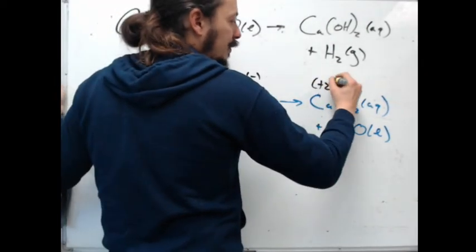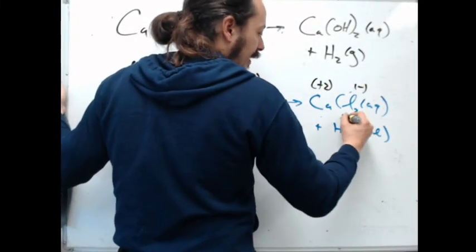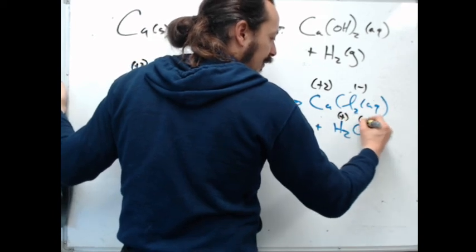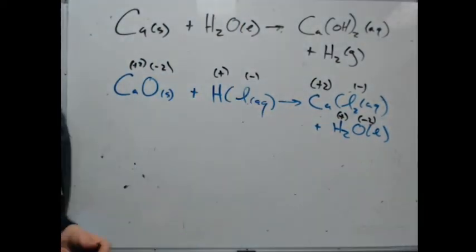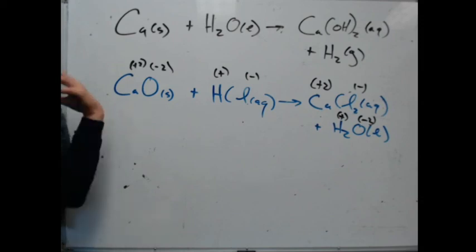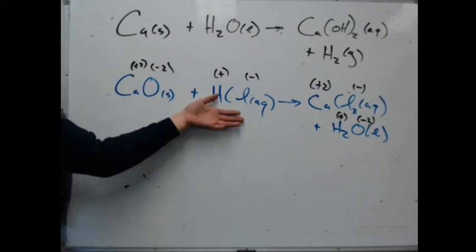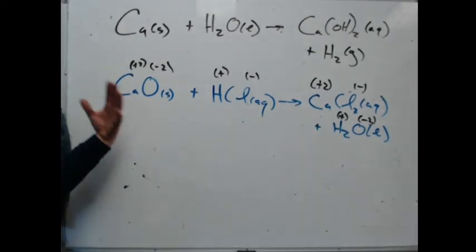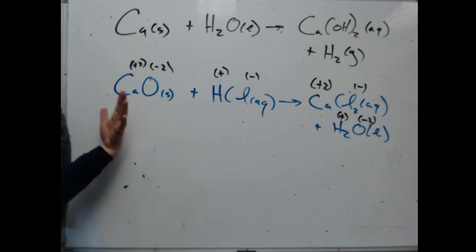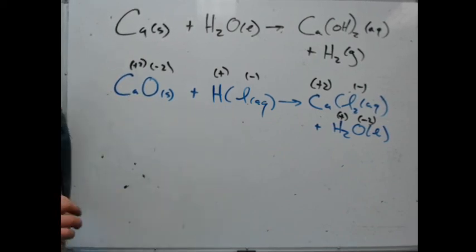Calcium here is +2 still, chlorine here is -1 still, hydrogen here is +1, oxygen here is -2. Oxidation states have not changed. Our charge hasn't changed in any of our atoms, so it's not a redox reaction. I've got an acid. I've got water as a product. This looks like an acid-base reaction. Oxides can act like bases reacting with an acid.